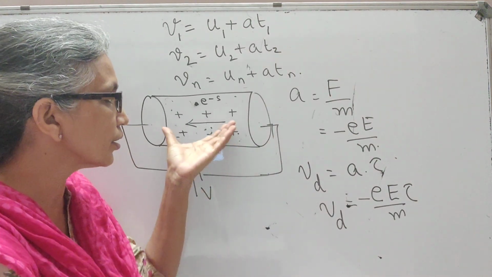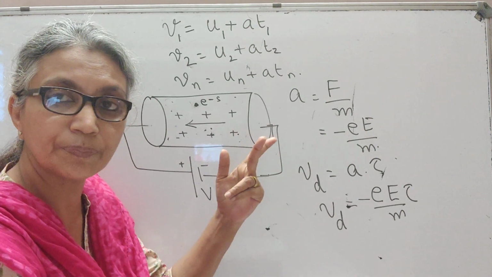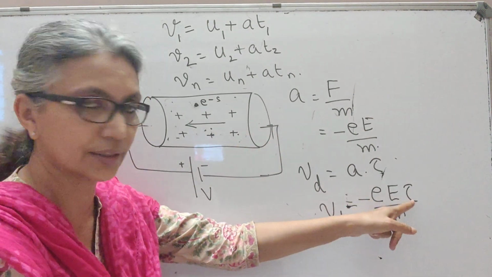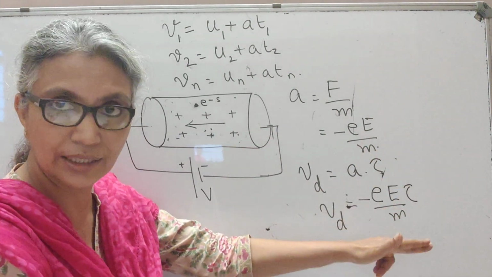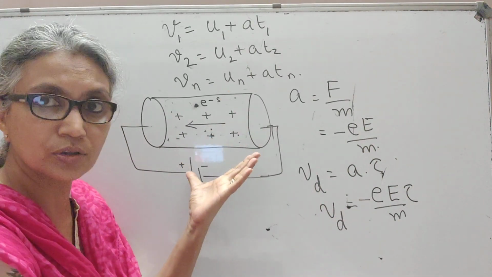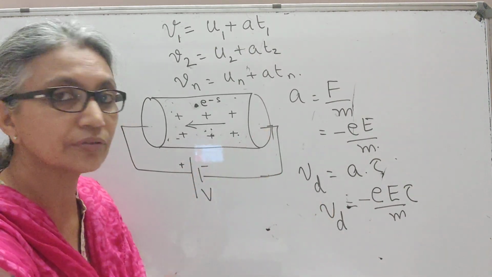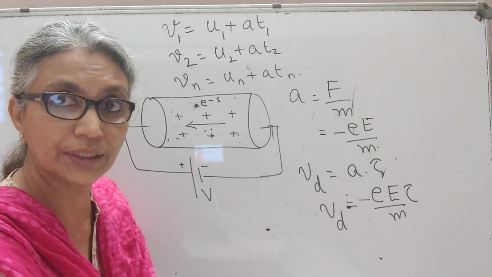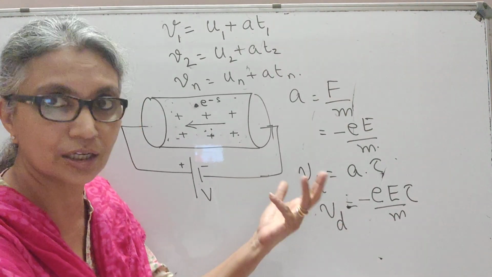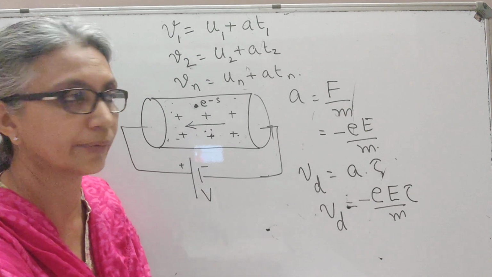Because if you increase the temperature of the conductor, then the collisions are faster and the time gap between two successive collisions will be lesser. So greater the temperature, lesser will be the relaxation time. On the other hand, if your conductor is cooled, then the collisions will be far apart and the time interval between two successive collisions will be larger. So lower the temperature, greater the relaxation time.